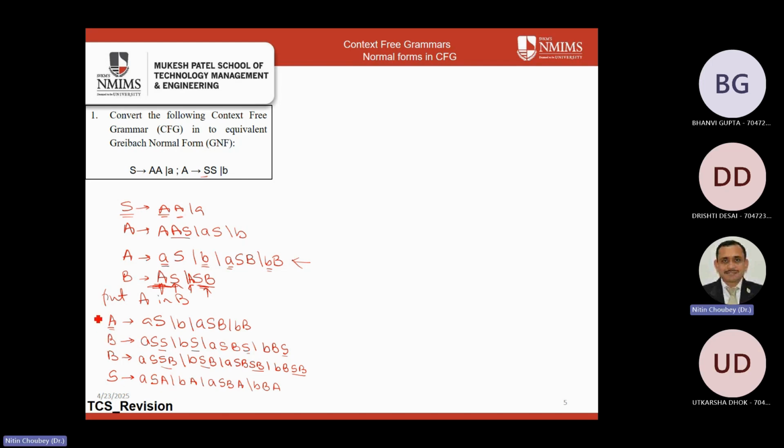So if you see here, all the productions which we have here are the productions which either contain A or B, that means a single terminal, or they start with the terminal symbol. This is our equivalent Greibach normal form grammar.